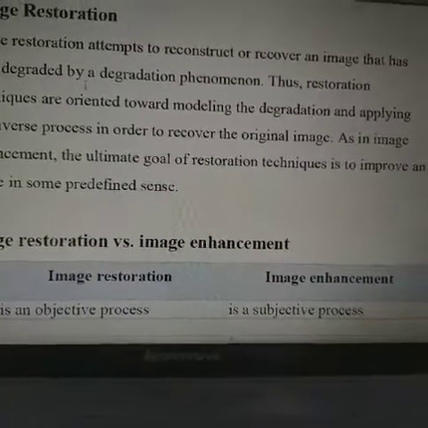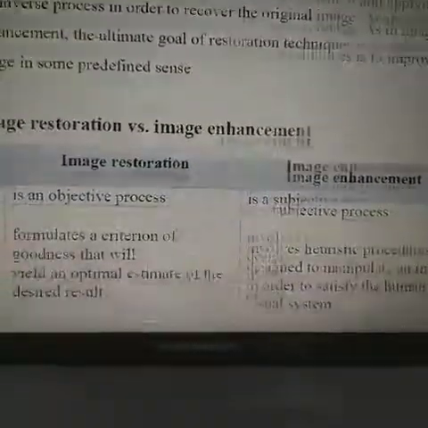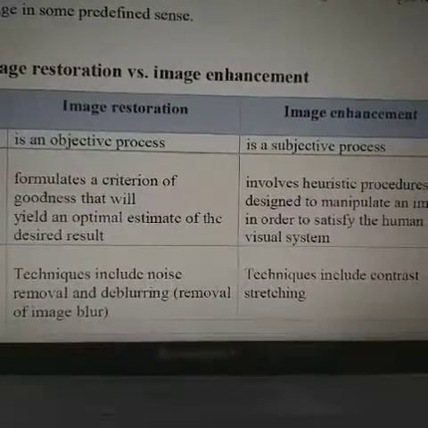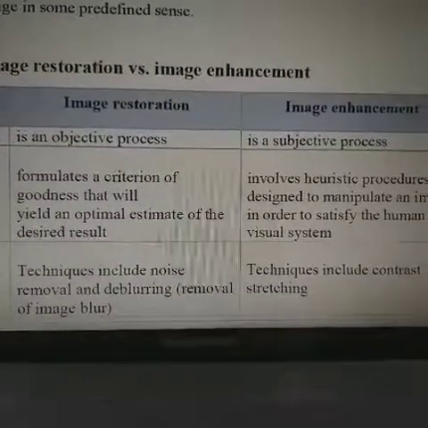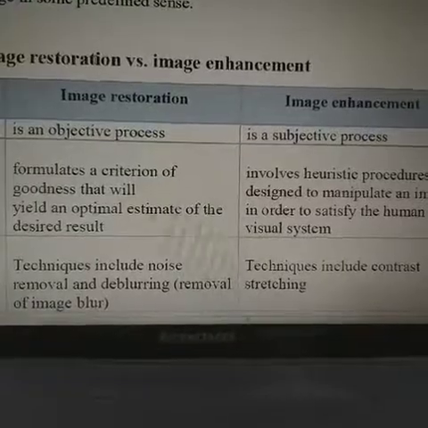So what is the difference between image restoration and image enhancement?